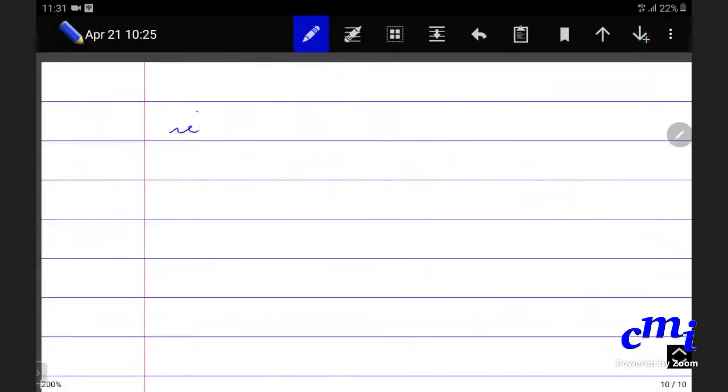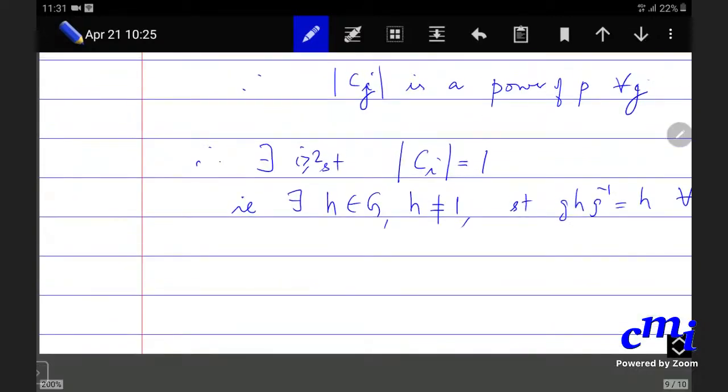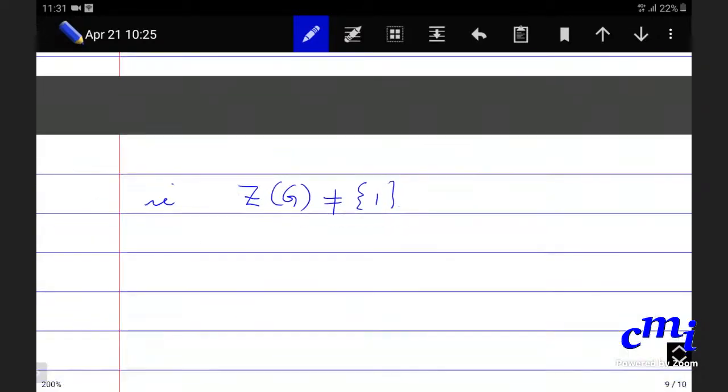That is, the center of the group is not identity. There exists some element h, not identity, which commutes with everything. Therefore, the conclusion is that G has a non-trivial center.